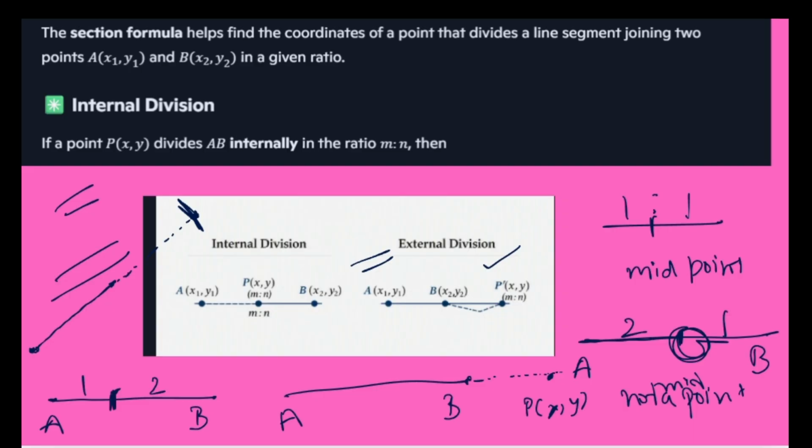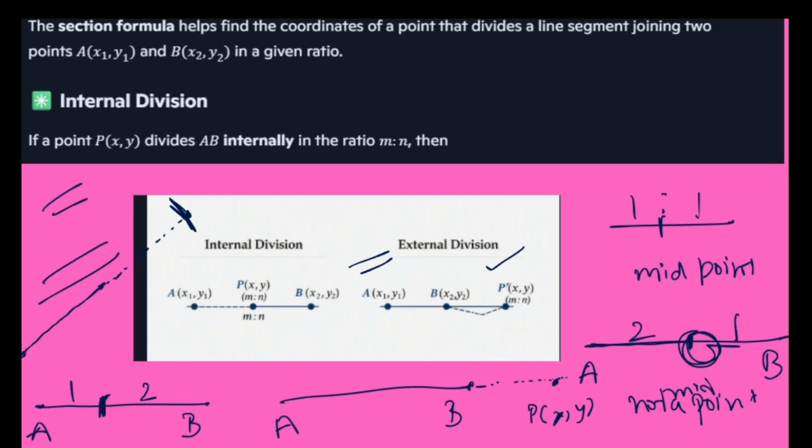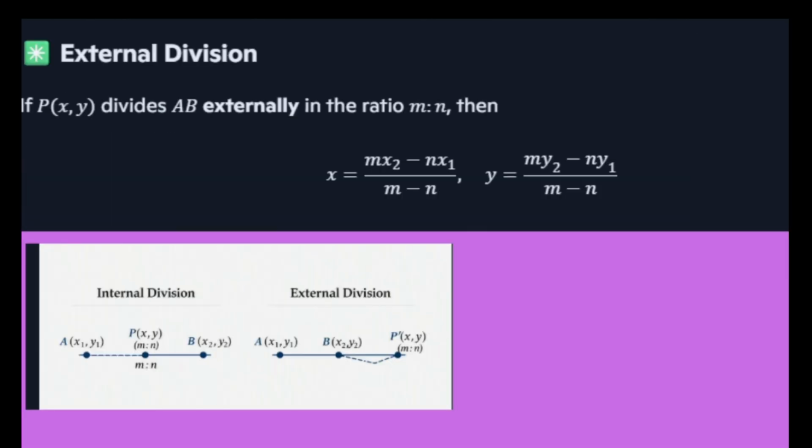We have two formulas, for internal and external division, that we are going to learn. The point is not a midpoint but divides the line segment in some particular ratio.